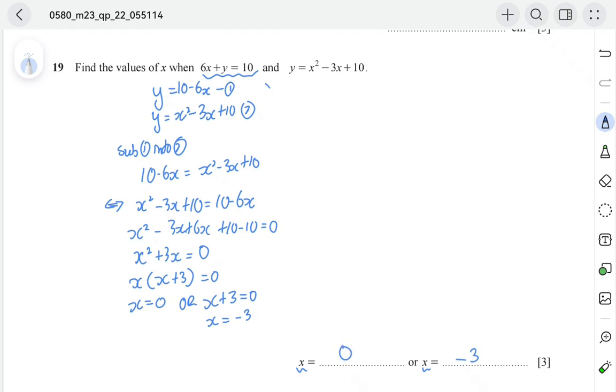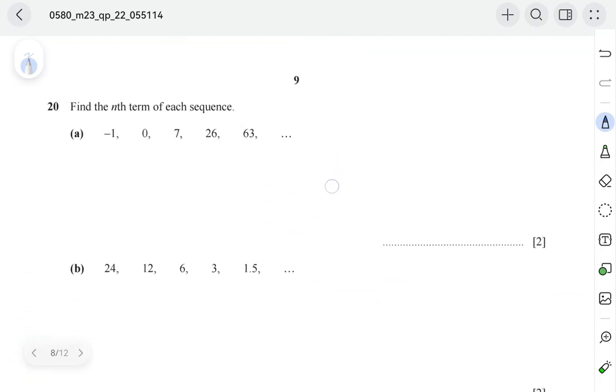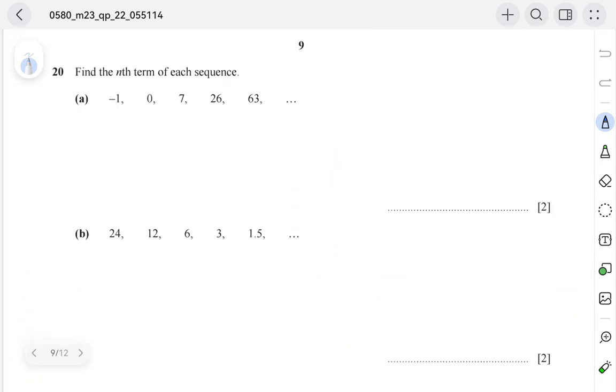Alright, now let's move on to question 20. Question 20 is once again about sequences. Let's check the intervals. Here is plus 1, here's plus 7, here is plus 19, plus 37. Oh, the intervals aren't the same this time, so we know it's not linear. Let's keep finding intervals until we see a consistent interval.